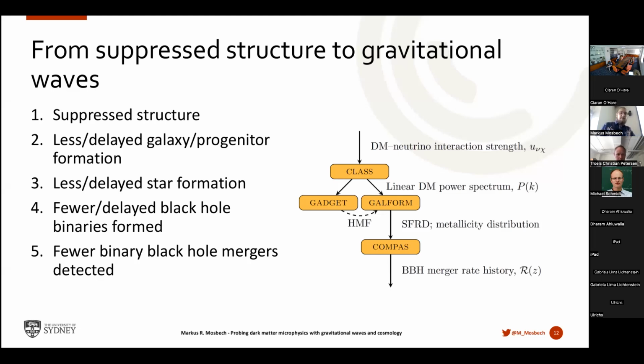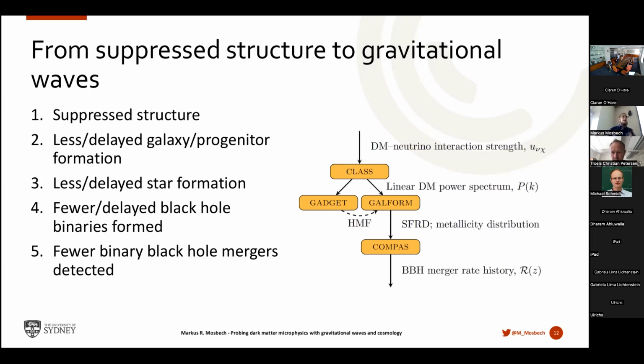What we have then done is taken the output of CLASS and run it into the N-body code GADGET to calculate our nonlinear evolution, and specifically to get the halo mass function. We also take the linear power spectrum from CLASS and put it into the galaxy formation code GALFORM, and then we cross-check the halo mass function GALFORM produces against what we have from GADGET to ensure that it correctly captures what the model does.